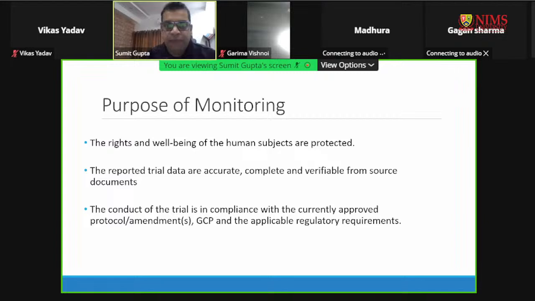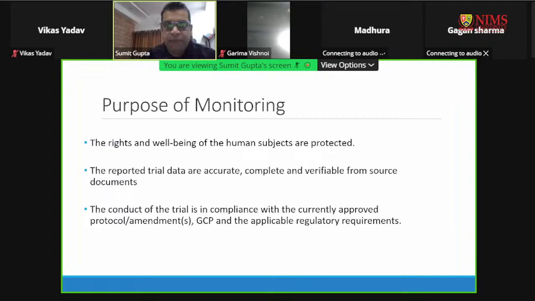There is cost reduction, since monitors or CRAs will not be needed as much, which reduces the cost of the project. There is a focus on study-specific critical data, for example the primary endpoint, and a more collaborative, cross-functional team approach.